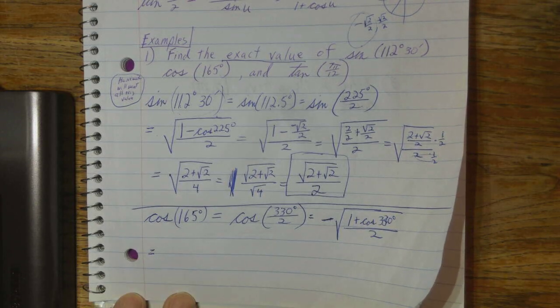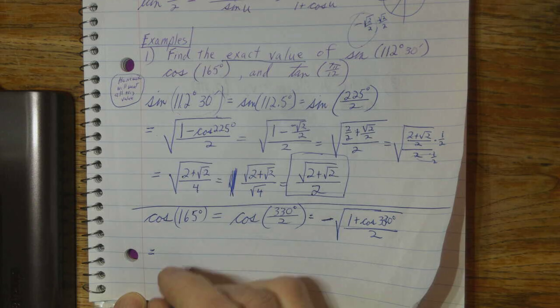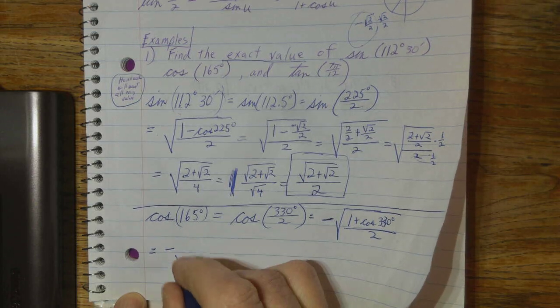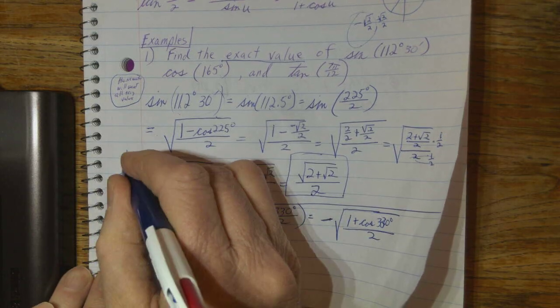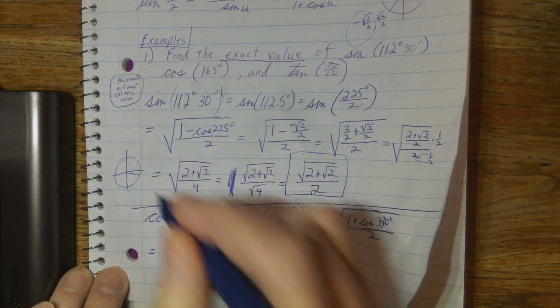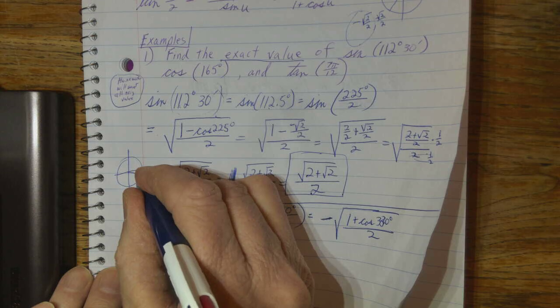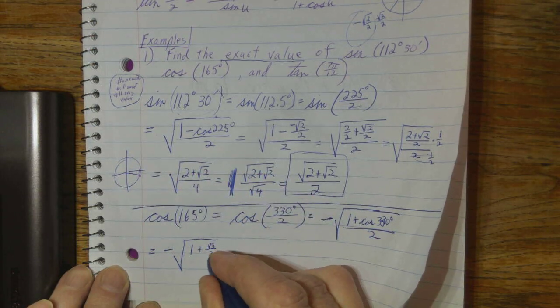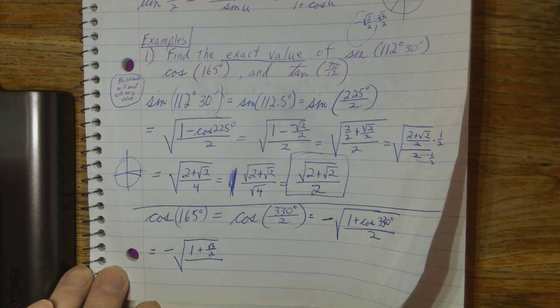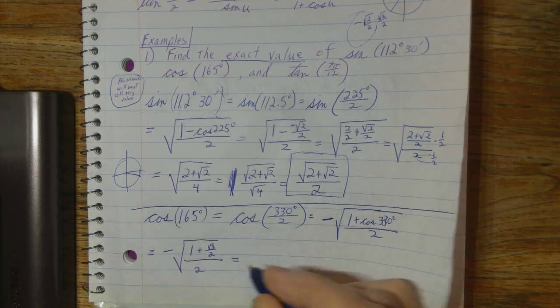What's that give me? That is negative square root of 1 plus, all right, let's think where 330 is. It's right here, and we're doing cosine, so the x-coordinate is the square root of 3 over 2, and that's over 2.